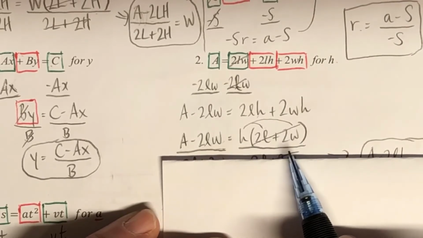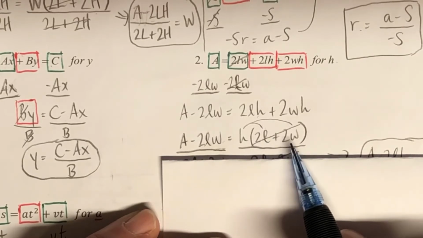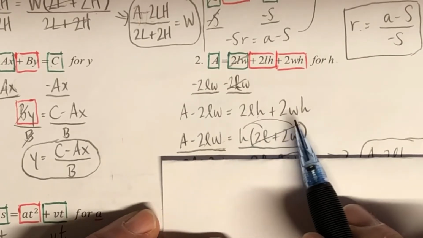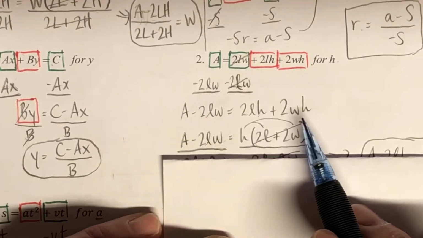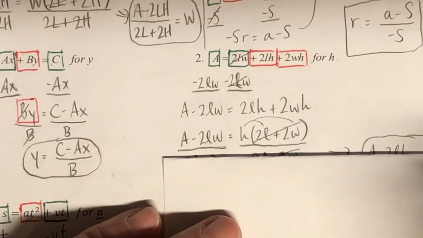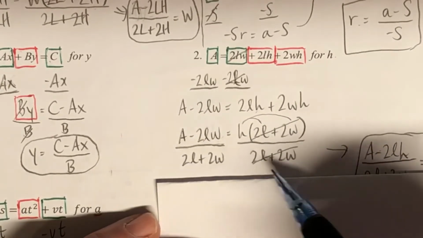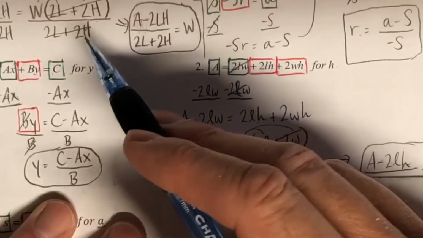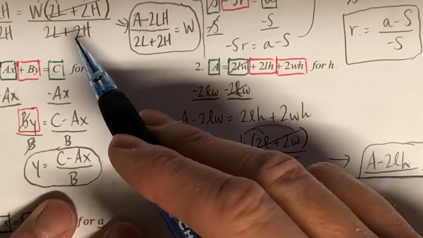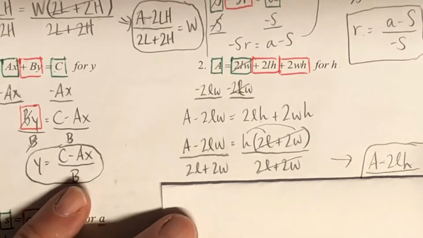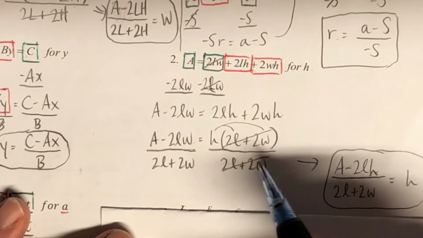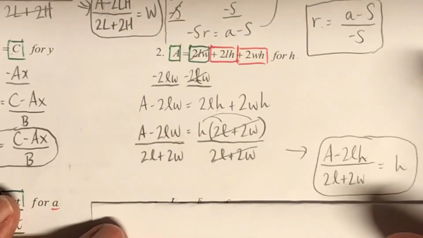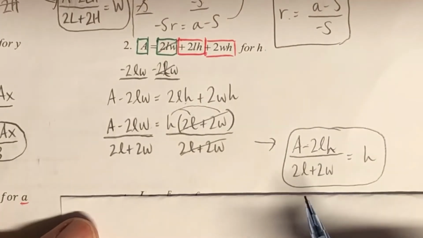Pretend like I haven't canceled yet here. 2L plus 2W is what's on the inside after you factor out the h, just like factoring out a GCF. And then you divide by 2L plus 2W, very similar to what we did up here in problem C. And then we get this answer right here where h is by itself. Okay, so that's problem number 2.